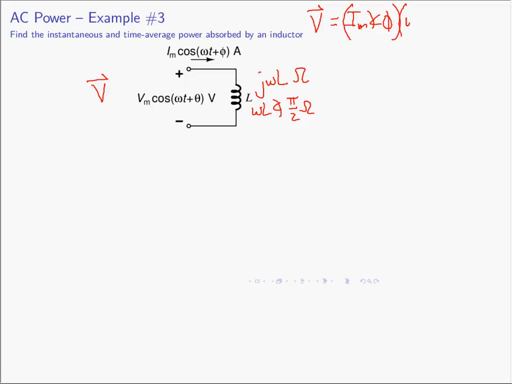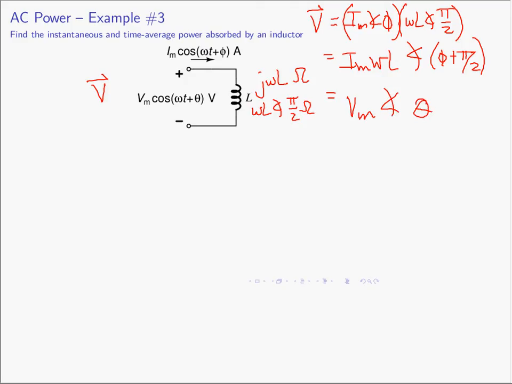The impedance is omega L angle pi over 2. And so when I combine those together, Im omega L angle phi plus pi over 2. And remember that this has to be equal to Vm angle theta. So we see that theta is really phi plus pi over 2, and Vm is going to be Im omega L.